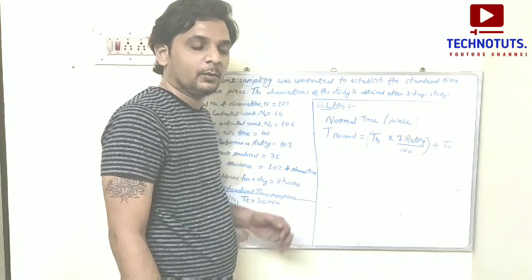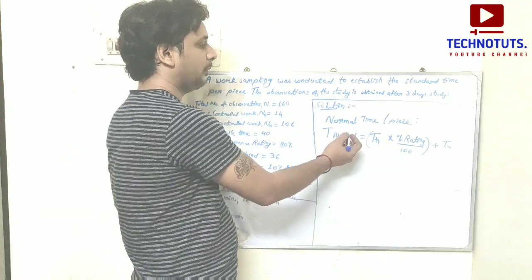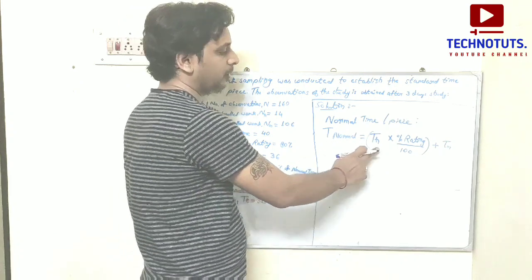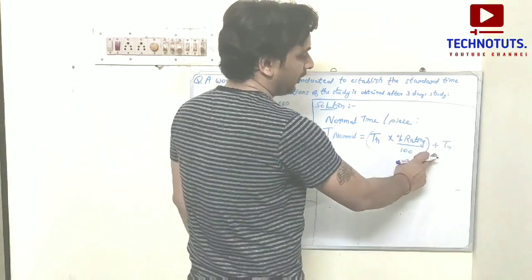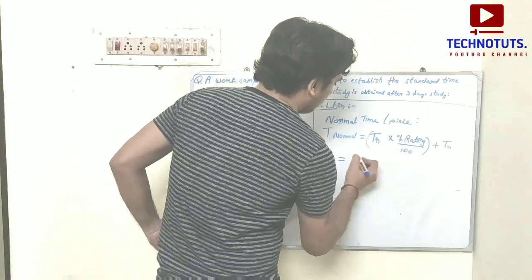Okay students, the formula for normal time per piece is hand control time per piece into performance rating by 100 plus machine control time per piece. Let us put the values of all these.